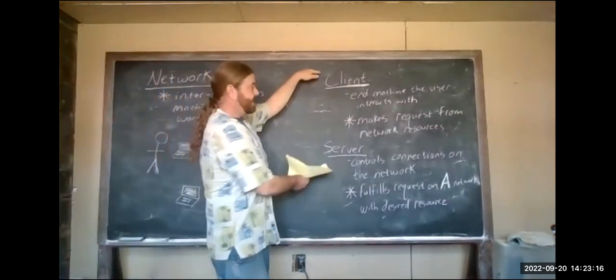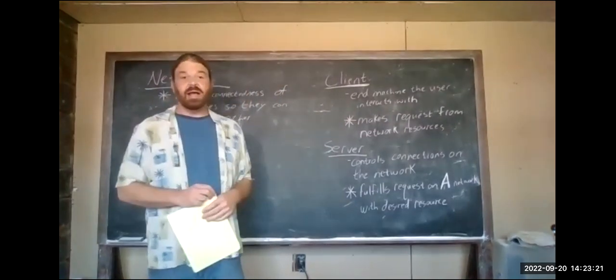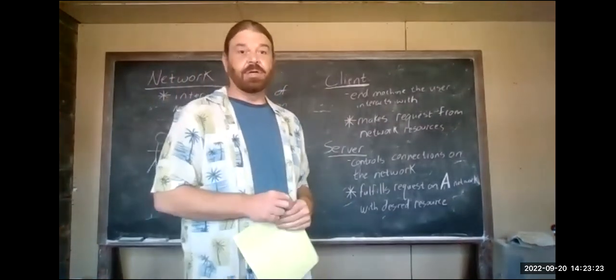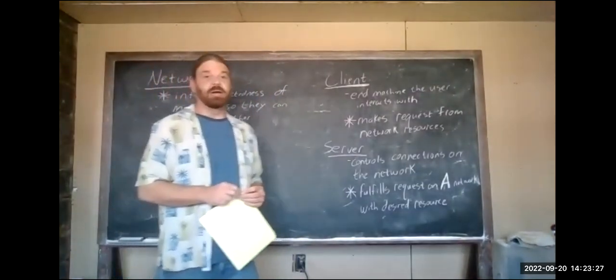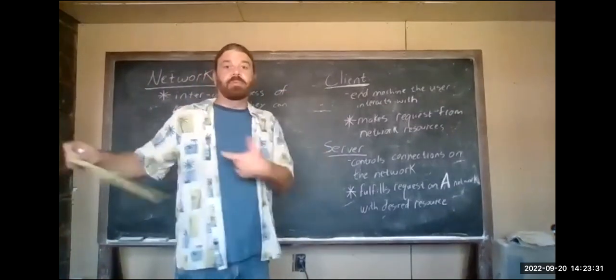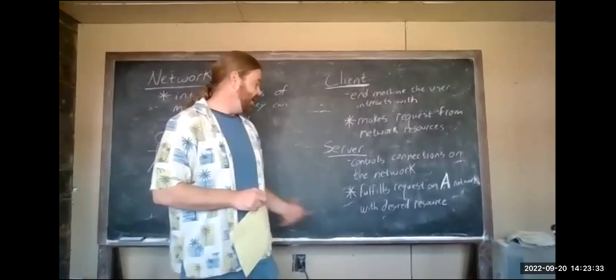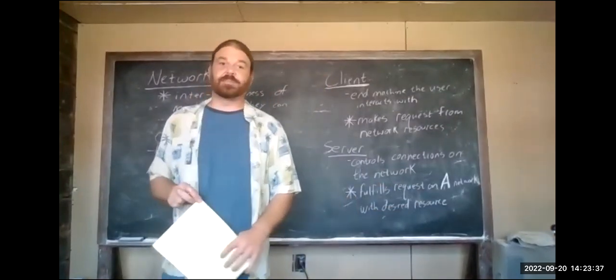And for an analogy to think about what they're doing, with these technical definitions, a restaurant analogy works really, really well. If you go out to dinner, you're the client and you interact with the server in order to request something from the restaurant, and the server fulfills it.